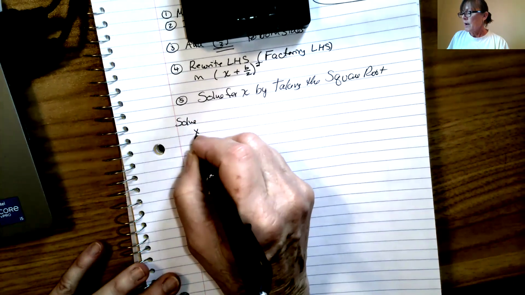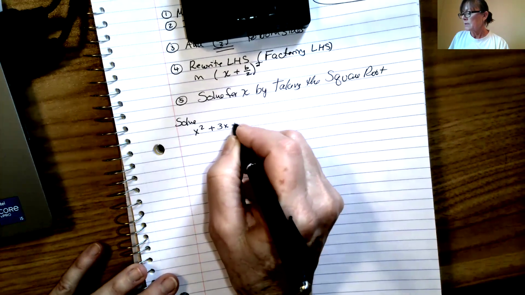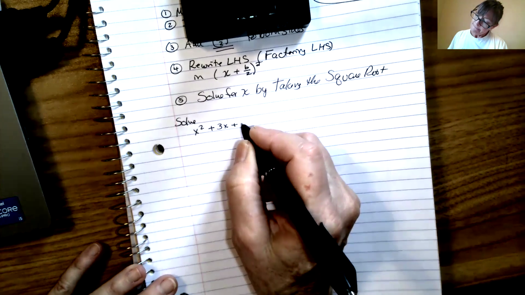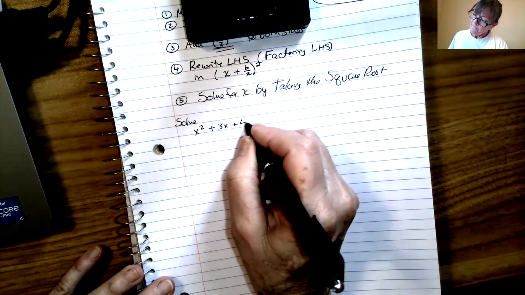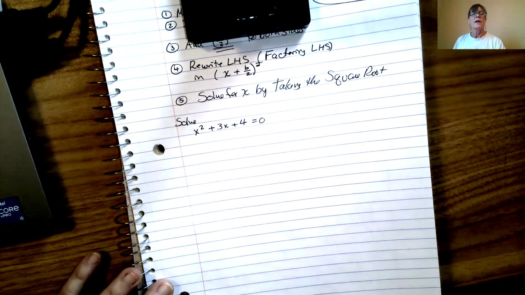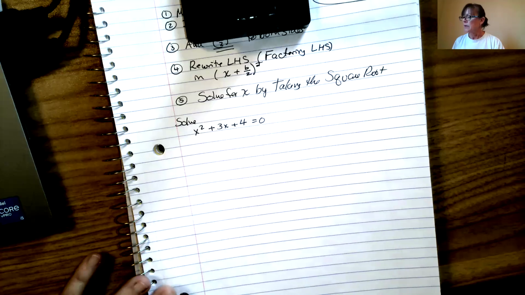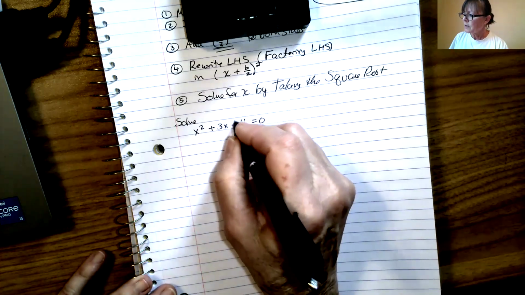Let's do x squared plus 3x minus 4 equals 0. We'll do minus 4, that will get a real answer.